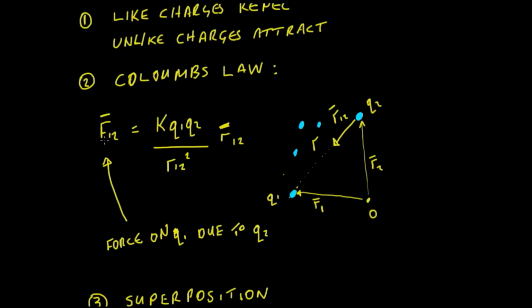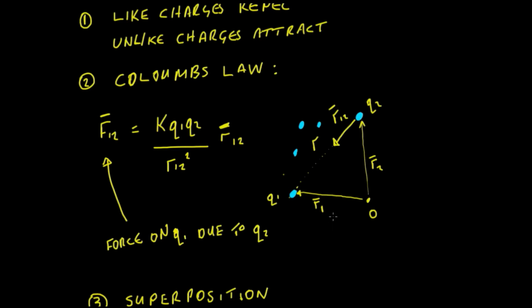So the force on Q1 due to Q2 is equal to some constant times the magnitude of the charges Q1 and Q2 multiplied together, divided by the distance between the two charges squared, and that force is in a direction along the line joining them. So it will be in one direction or another, but along that line joining them.